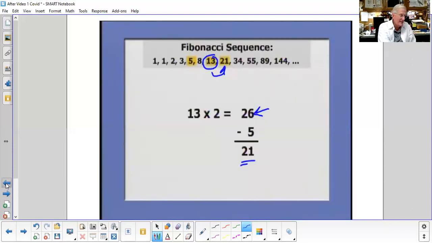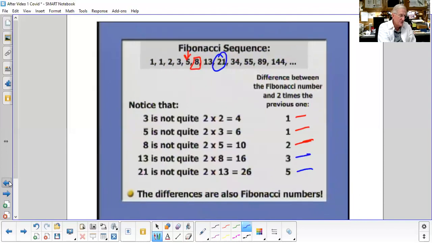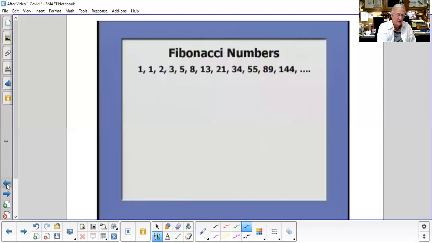Now, let me go back here to the series all by itself. All right, let's see if that works again. If I take 34 and multiply it by 2, I get 68. If I go 2 numbers prior to the 34 I started with, that's 13.